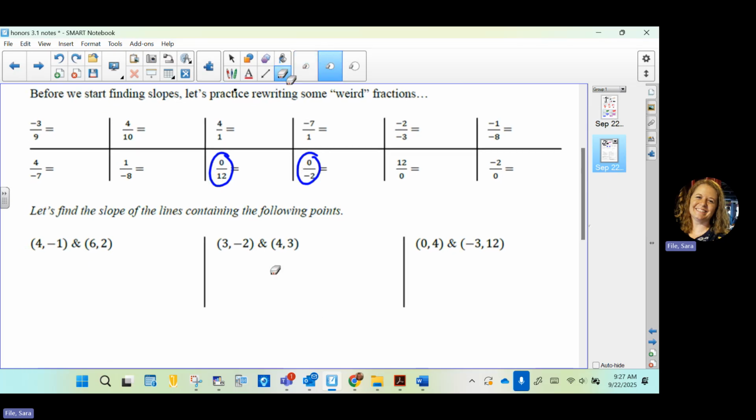Okay, so we don't worry about a sign. We would just say 0. But when 0 shows up in the denominator, like these, again, it doesn't matter if the numerator is positive or negative because you can't divide by 0. Can't divide anything by 0. So this is where we end up with undefined.